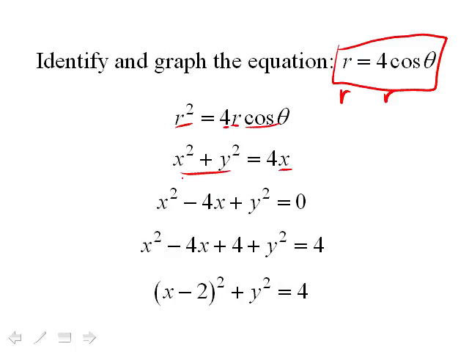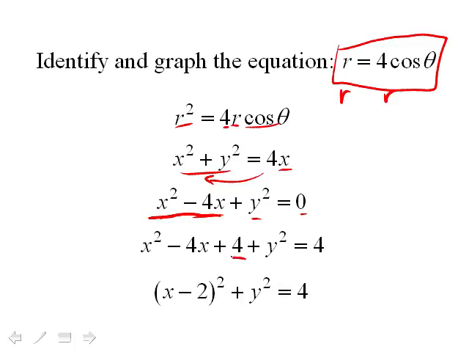We can rewrite that equation to see what it gives by combining the x terms and the y terms. So let's move the 4x over and write x squared minus 4x plus y squared equals 0. And now x squared minus 4x is two terms of a three-term perfect square trinomial.